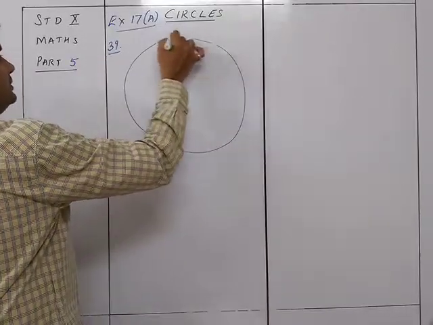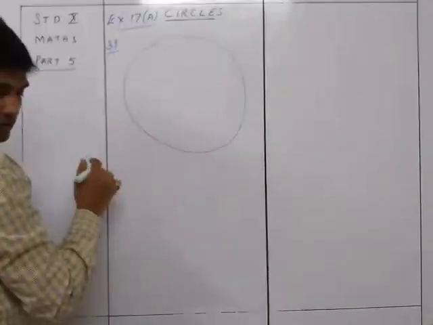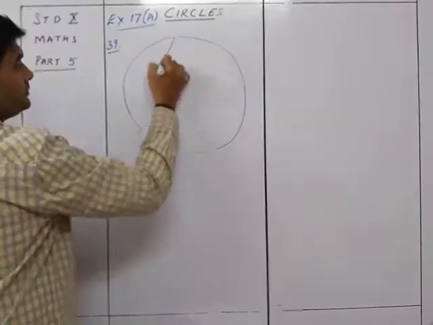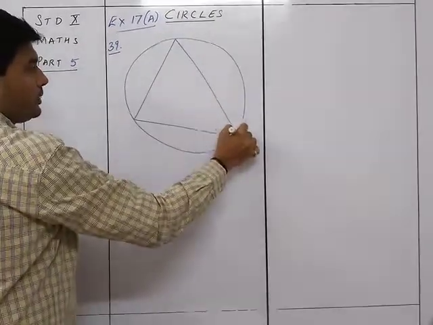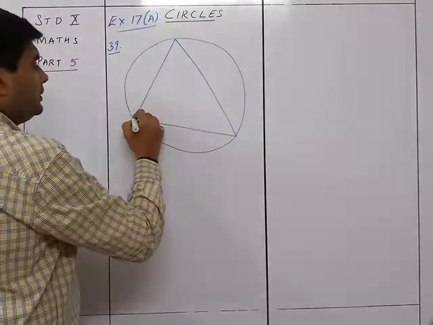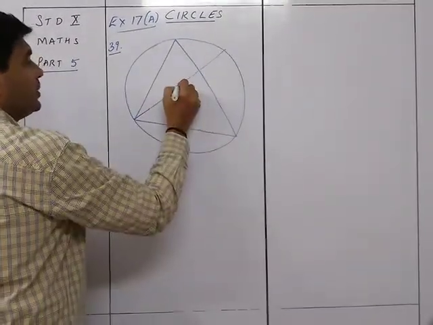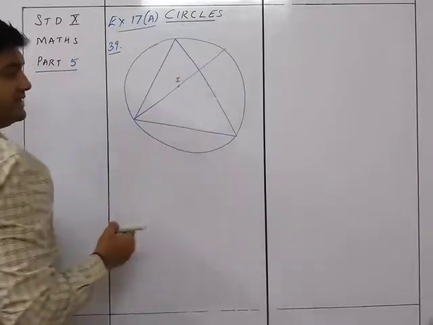You got the circle, you got a triangle, and you got a line which has the I as the in center.